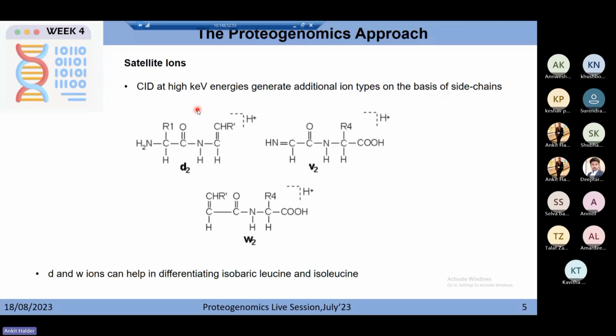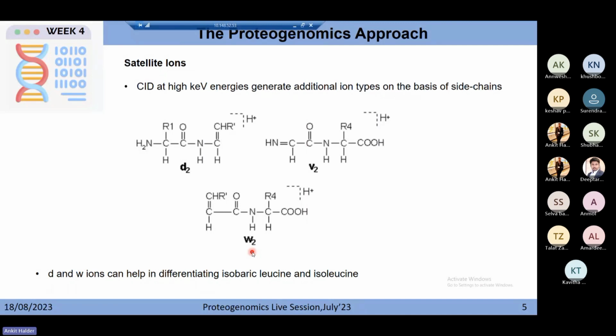These are known as satellite ions. They are represented by D ions, V ions, and W ions. These D, V, W are some extra ions that are generated.